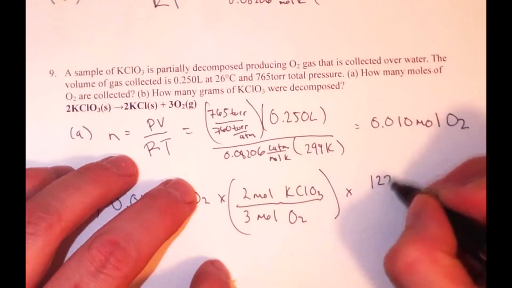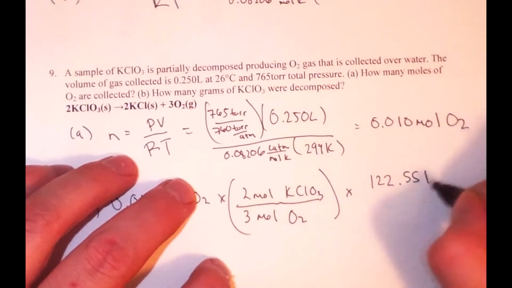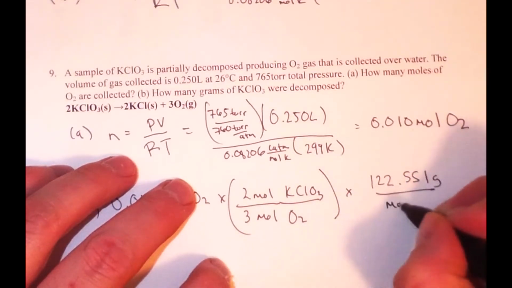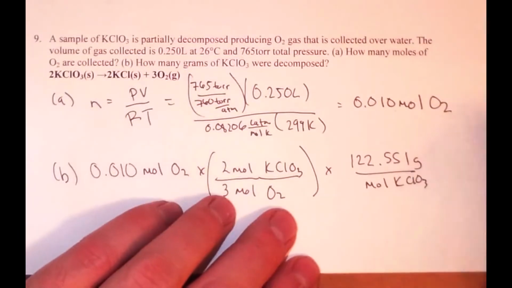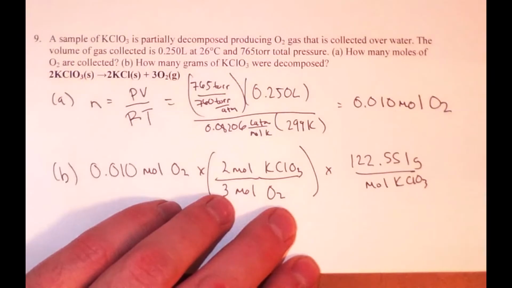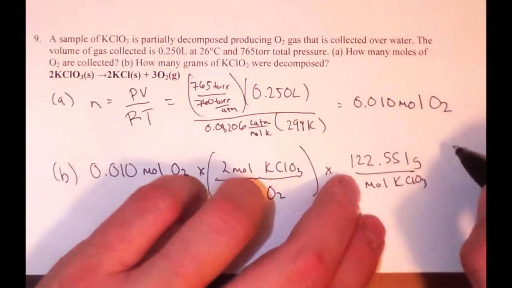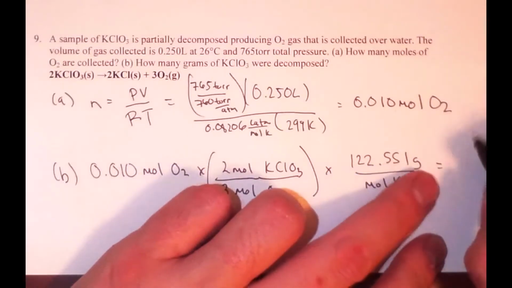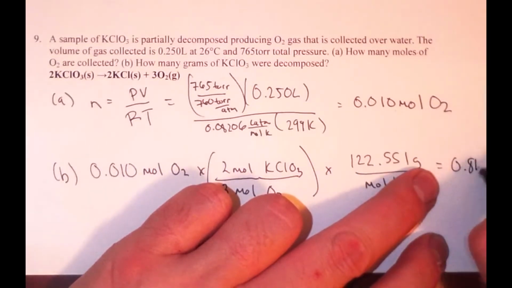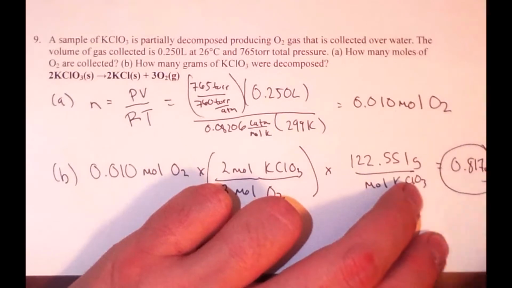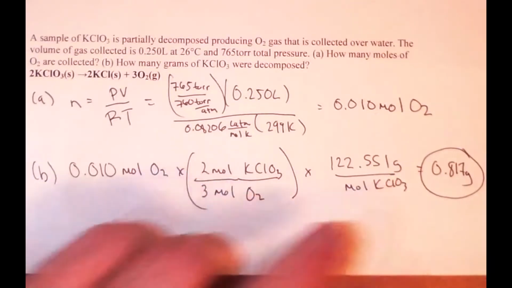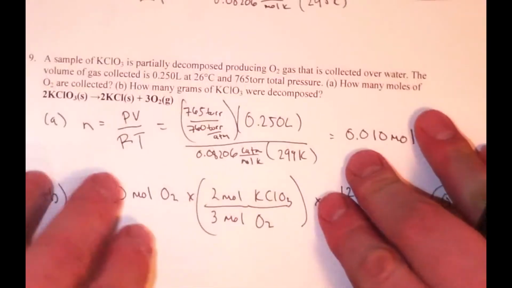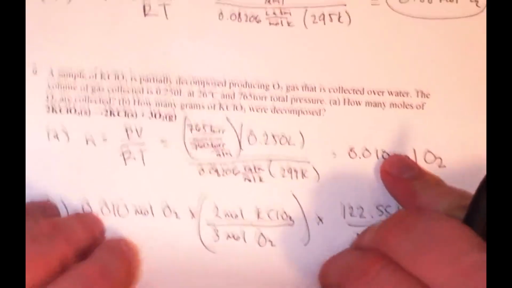The molar mass of potassium chlorate, just looking it up. And that would be 0.817 grams will produce a quarter of a liter of oxygen.